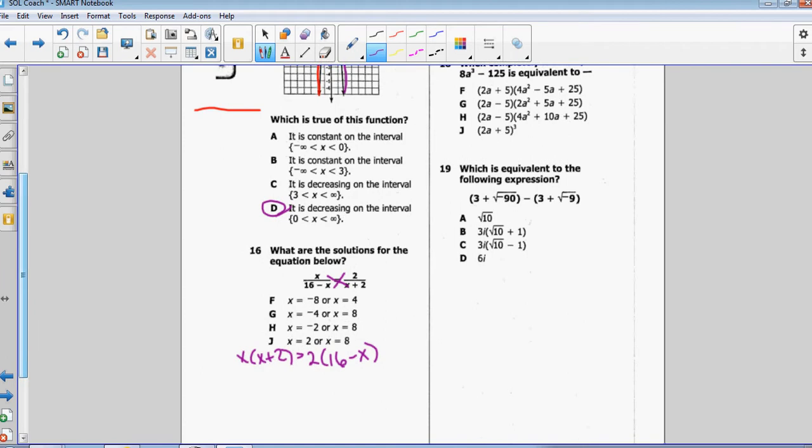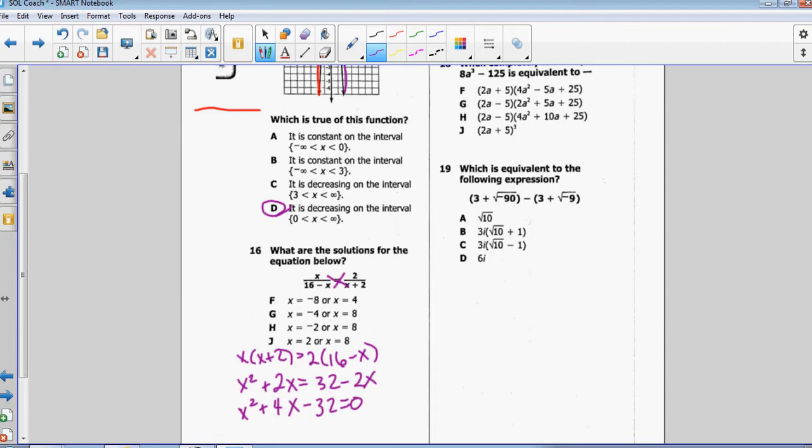And then we're going to solve that. So we have x squared plus 2x equals 32 minus 2x. And bringing everything to one side, I can add the 2x from the right, so I get x squared plus 4x, and subtract the 32 that's on the right, and that's minus 32 equals 0.